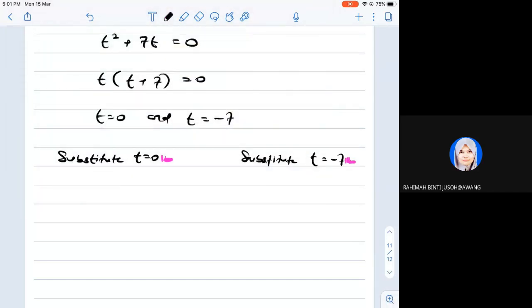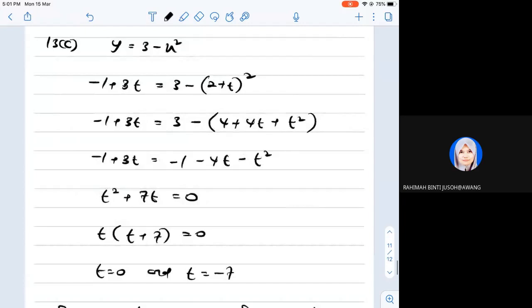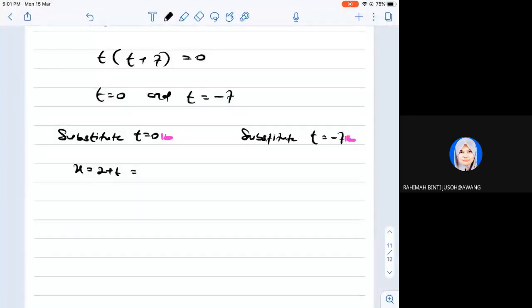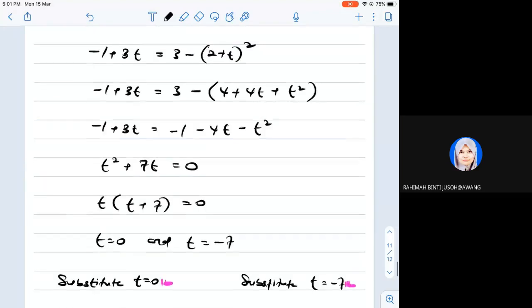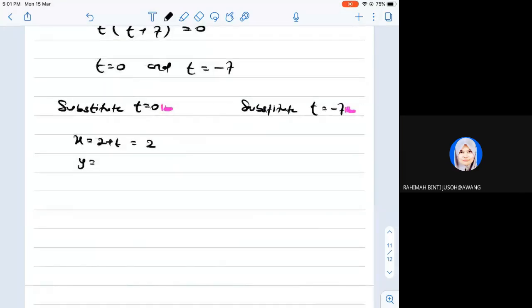If T is 0, x equals to 2 plus T from before, right? So 2 plus 0 is 2. y equals to negative 1 plus 3T, so negative 1 plus 3 times 0, which gives negative 1. So the first point of intersection is 2, negative 1.